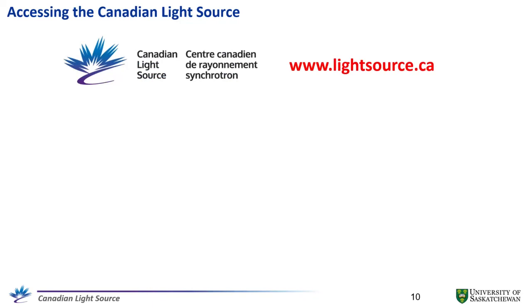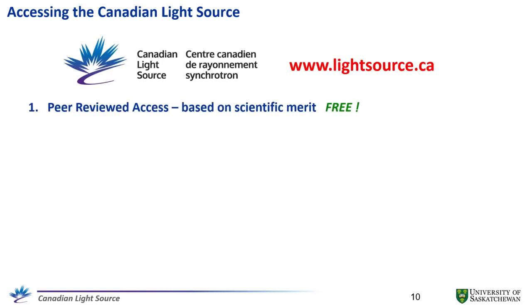To access, this is not about technique. I just give you some idea how to access the CLS. Usually for synchrotrons around the world, we use peer-reviewed access. Basically, you submit a proposal of your research to a synchrotron, could be here, could be somewhere else, and a peer review committee will review your proposal and give you a score.